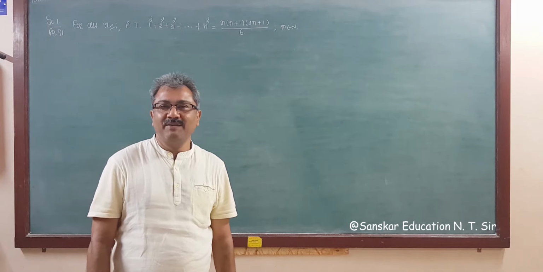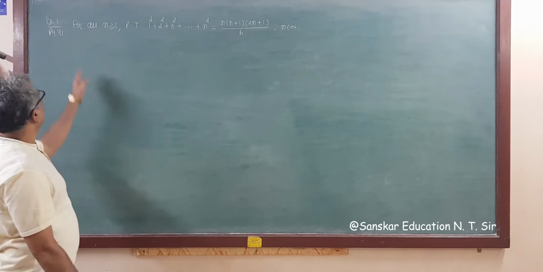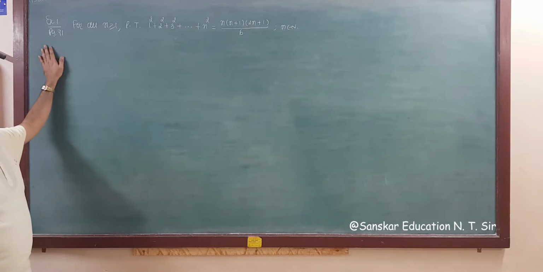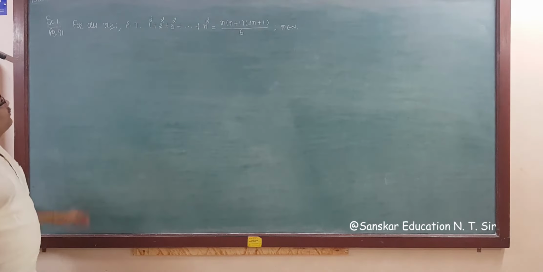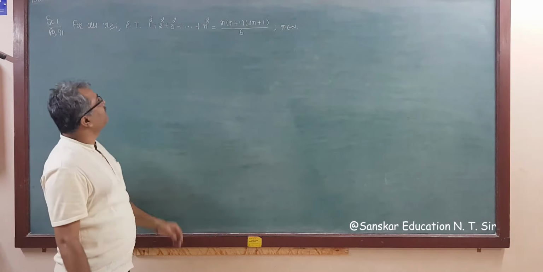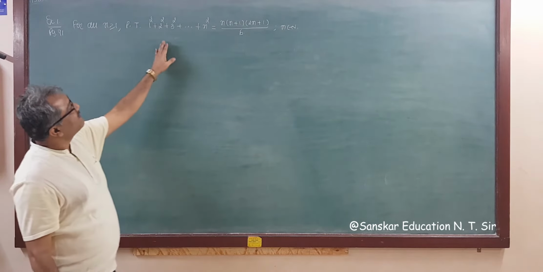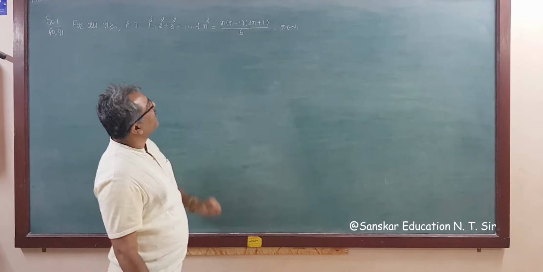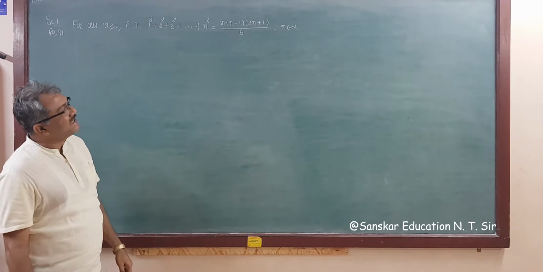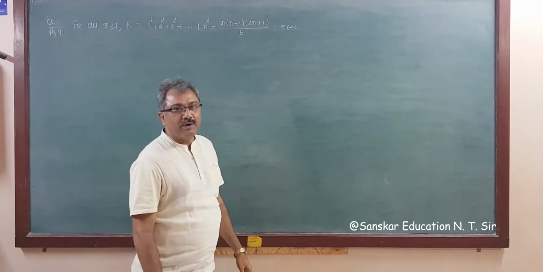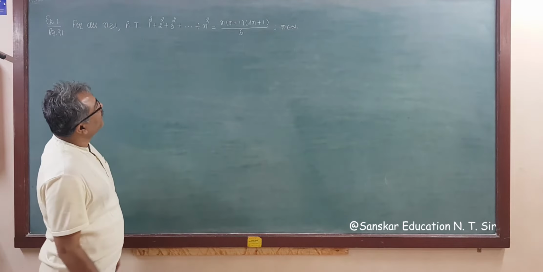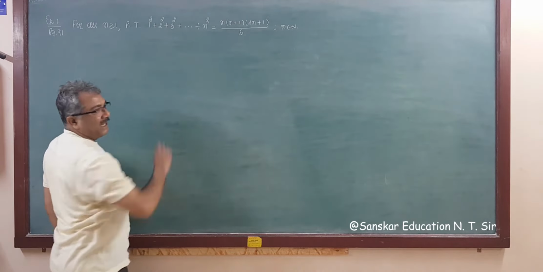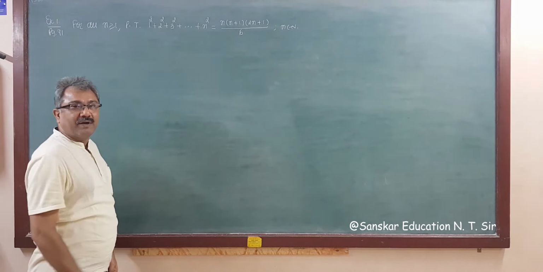Good morning. Today we are starting with example number 1, page 91. For all n greater than or equal to 1, prove that 1 square plus 2 square plus 3 square plus up to n square is equal to n times (n plus 1) times (2n plus 1) by 6, for all n belongs to N. Now we know that this is the sum of the first n natural numbers' squares, right?